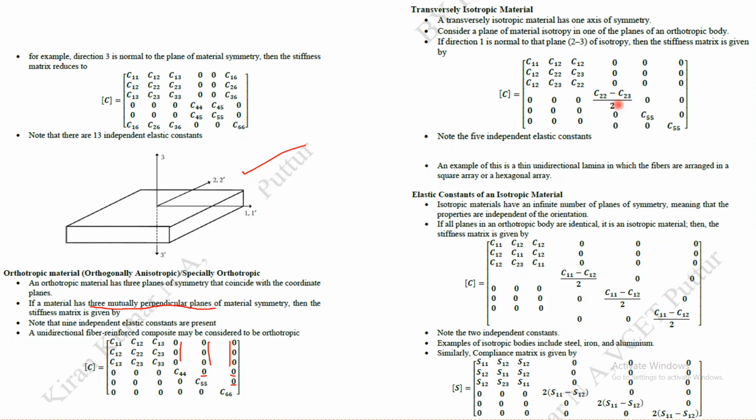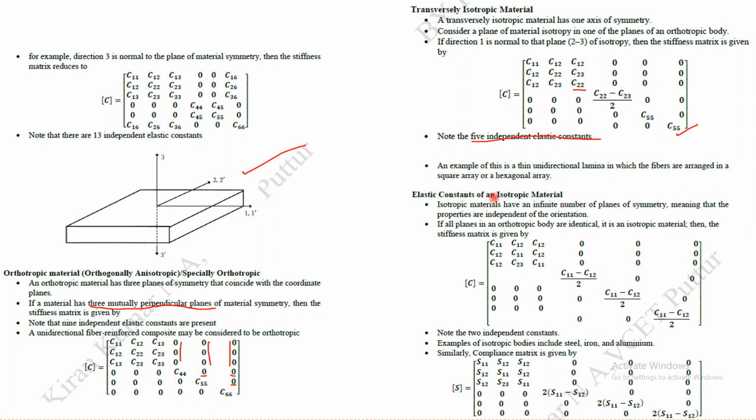If you do that, it reduces to this type. Similarly, the other constants, this one as well as this one. So 1 2 3 terms will change, so that it again becomes 5 independent elastic constants.